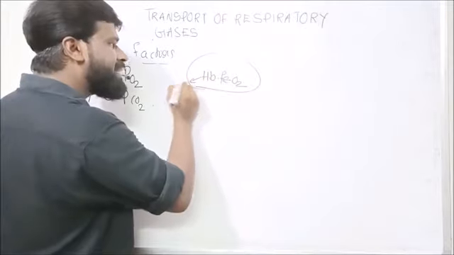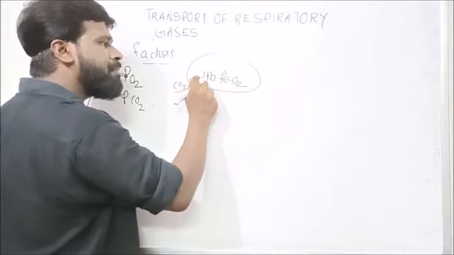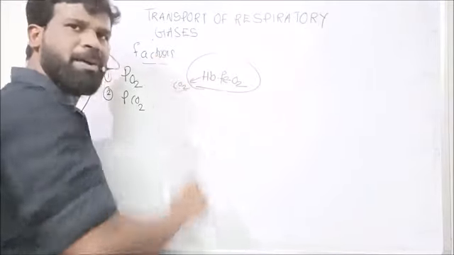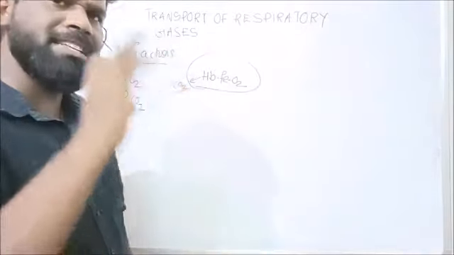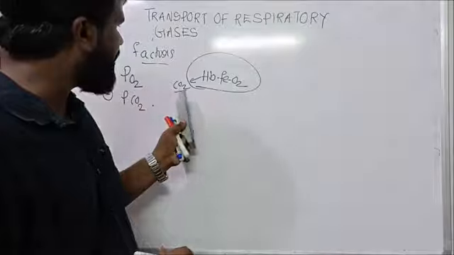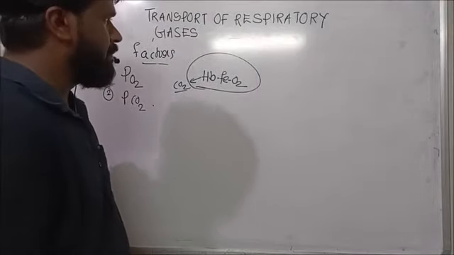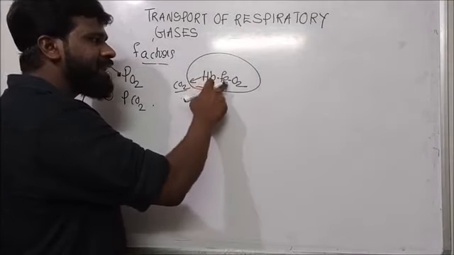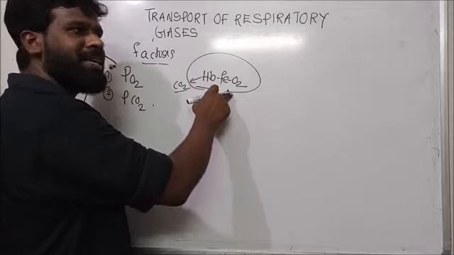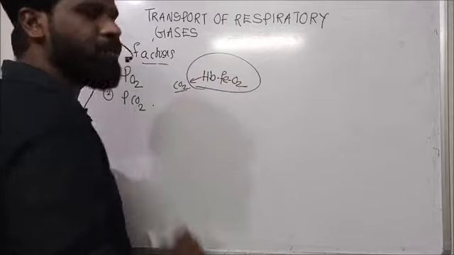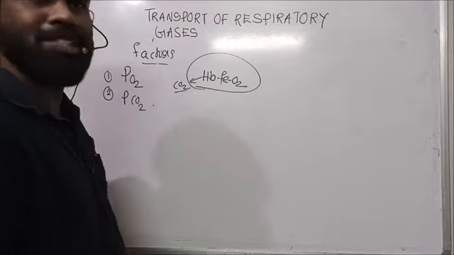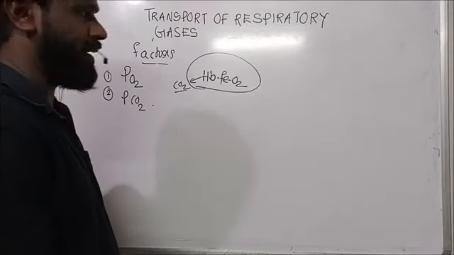But carbon dioxide is transported by the amino end or the protein part of this hemoglobin. That means there is no competition between oxygen and carbon dioxide for hemoglobin, because oxygen and carbon dioxide are transported by different sites of hemoglobin. Oxygen is transported by iron, carbon dioxide is transported by the protein part of hemoglobin.